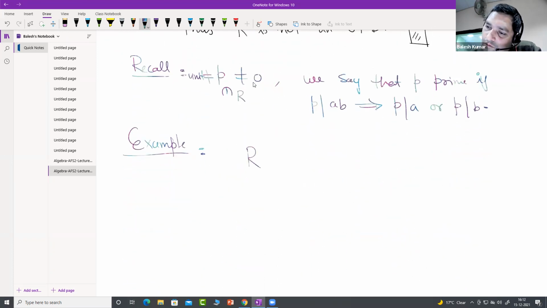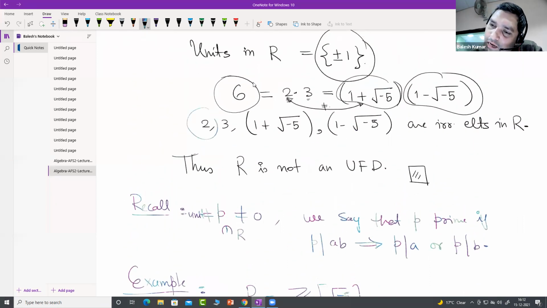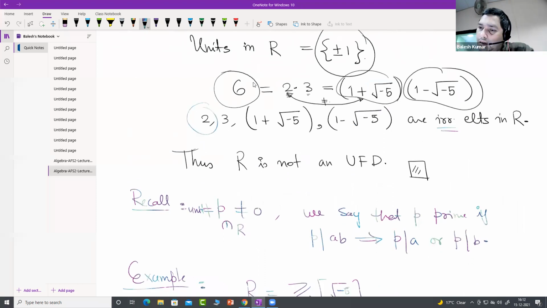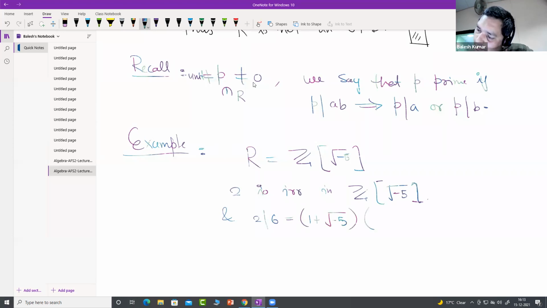If you look at the ring Z adjoined square root of -5, as in the tutorial it is given that you prove that 2 is an irreducible element inside this integral domain R. 2 is irreducible in Z[square root of -5], and 2 divides 6, and 6 can be written as 1 plus square root of -5 times 1 minus square root of -5.